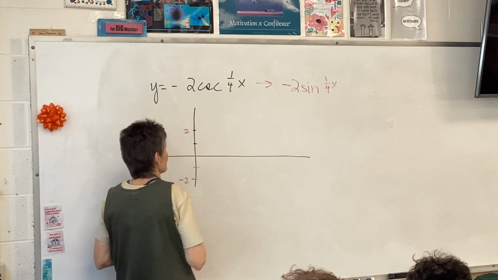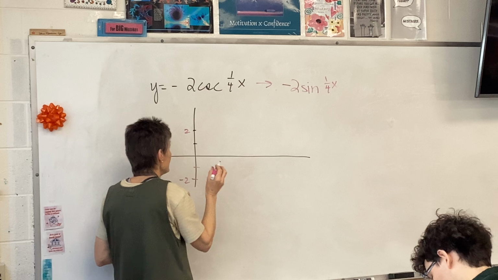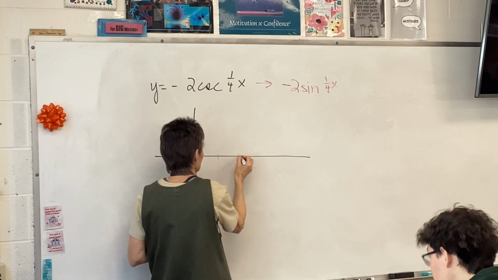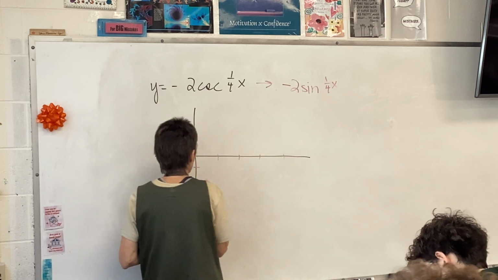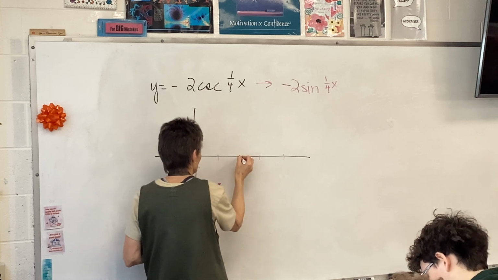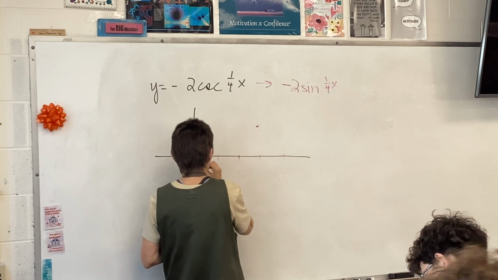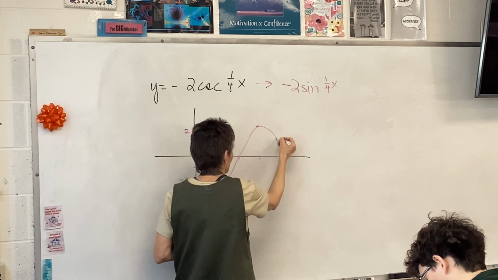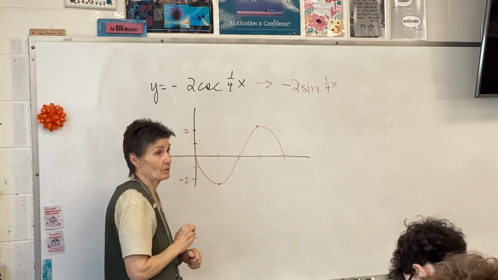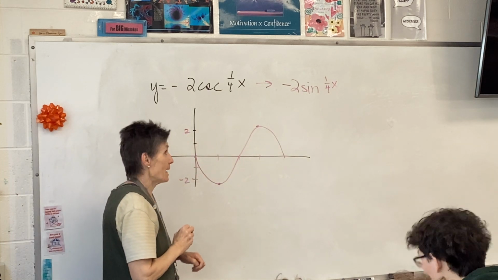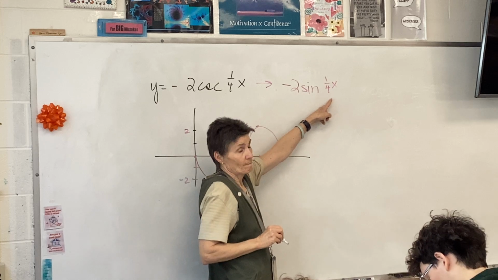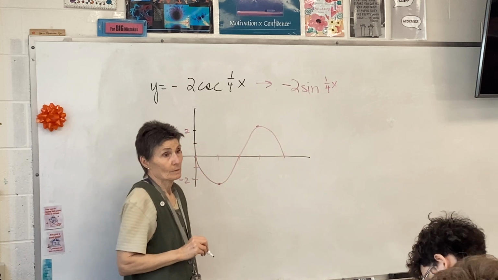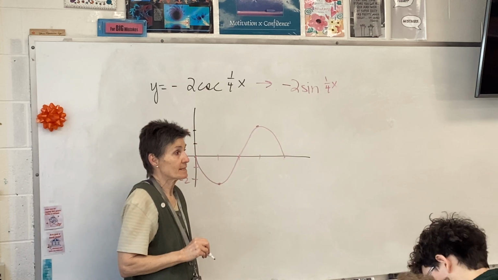So the amplitude is 2. It's a negative sine, so it is going to start down. So there's my sine curve. Now, what does the 1/4 do?